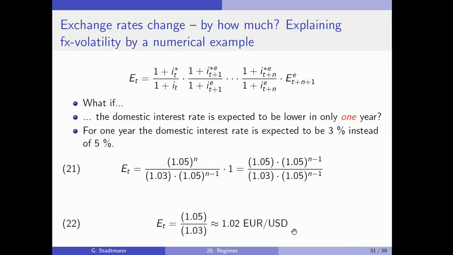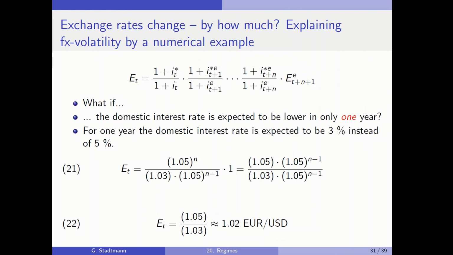So we observe here that the exchange rate increases from the level of €1 per US dollar to the level of 1.02 euros per US dollar. So in this numerical example, we are able to quantify the effect of this expected change in the exchange rate.